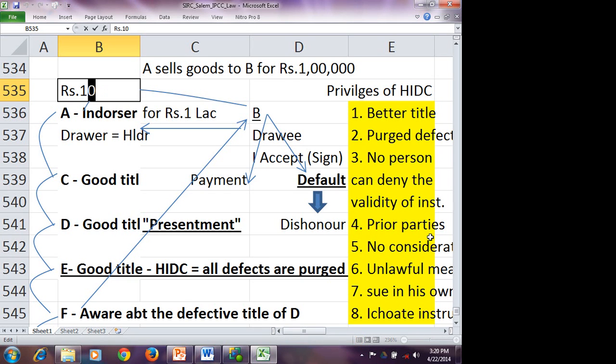Supposing the transaction value is 80,000. But the instrument bears a 10 rupee stamp, which is worth 1 lakh. A has sold the goods to B only for 80,000, which means A has a right to recover only 80,000, and B is liable to pay only 80,000.